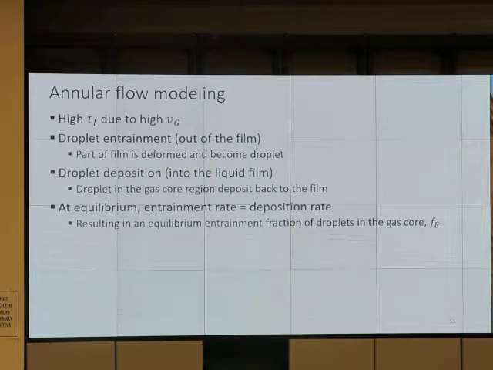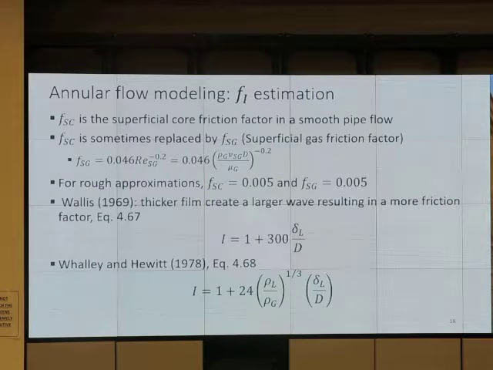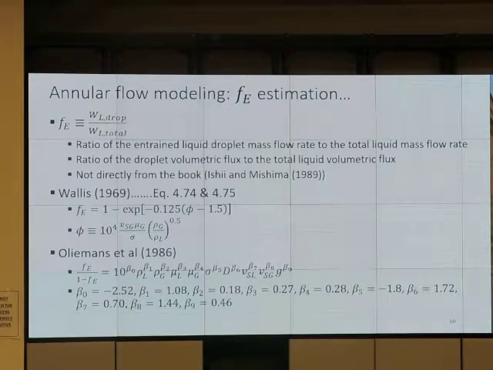Okay, look at the annular flow. We go through all the derivation, momentum balance, everything. And we talk about the closure relationship for Fi as a function of delta. There are various closure relationships, each suitable for different cases. Then we talk about the closure relationship for entrainment fraction.